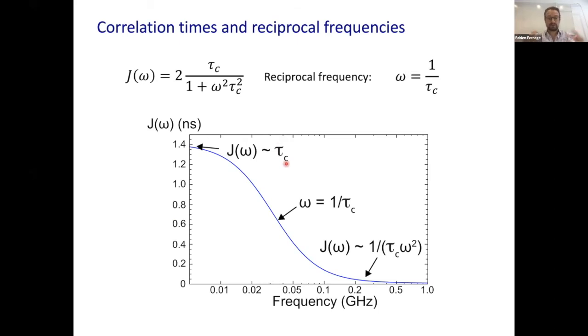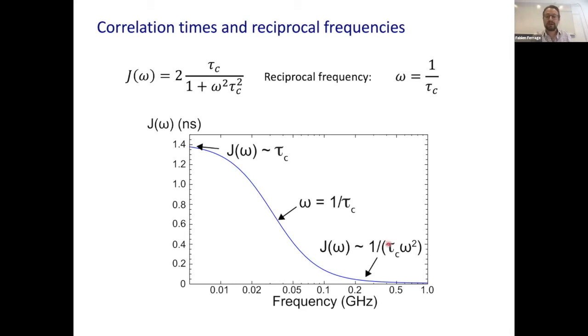So in a very large system, the relaxation is completely dominated by J0. Now this transition, this inflection here on the decay of the spectral density function, takes place at a frequency that is about the inverse of the correlation time. And so the smaller the correlation time, the higher the frequency of this transition.